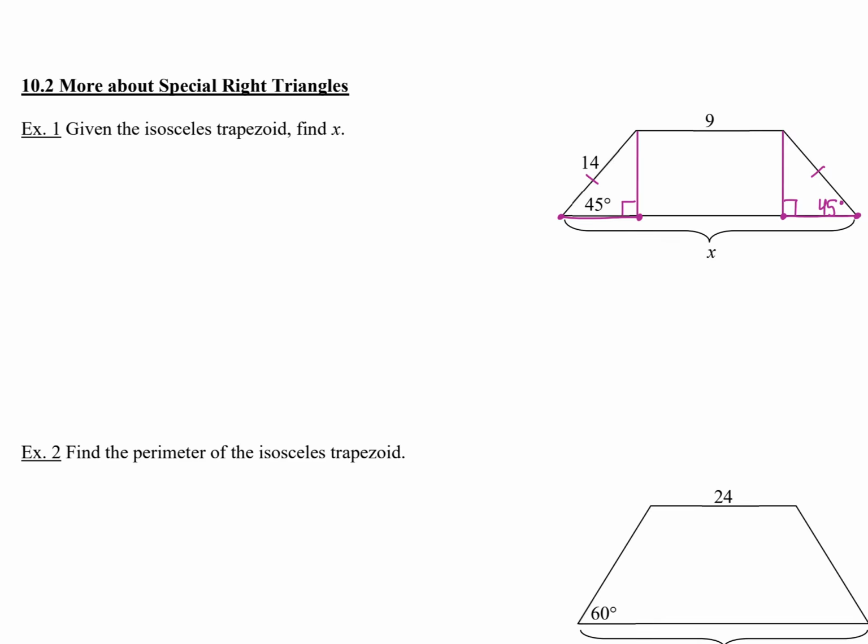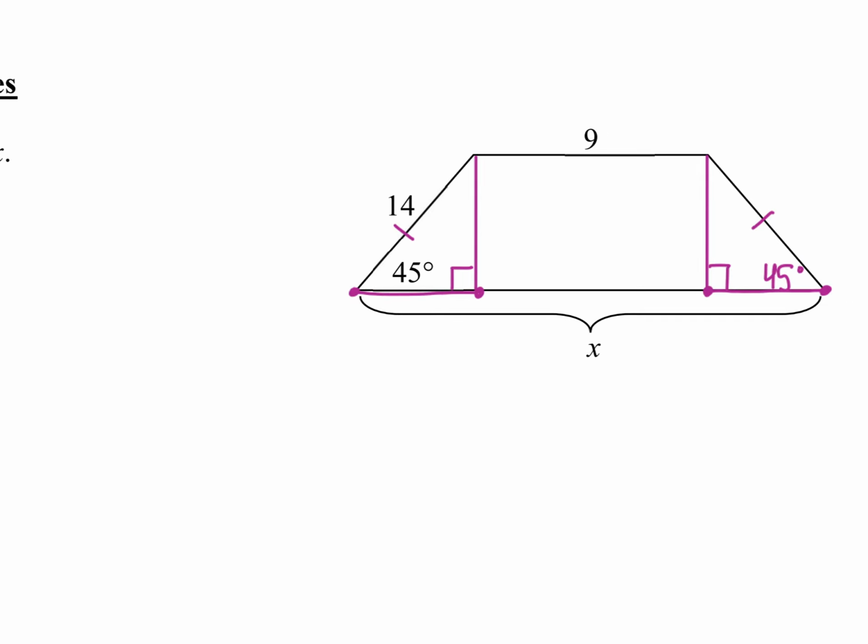So using my 45, 45, 90, let's label with our ratios. We have s root 2, s, and s. Since we know that s root 2 is equal to 14, we're going to use that to solve for s to help me find that x.